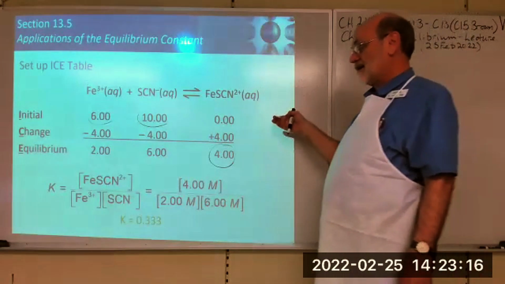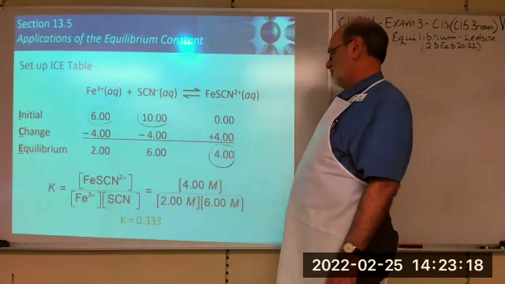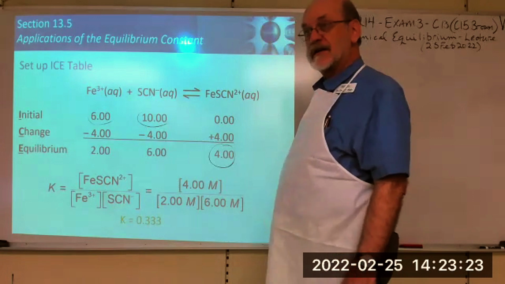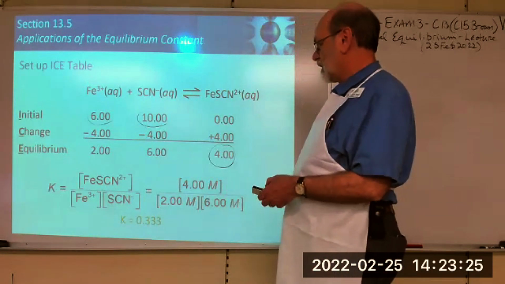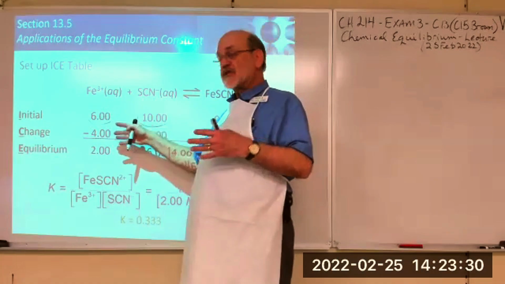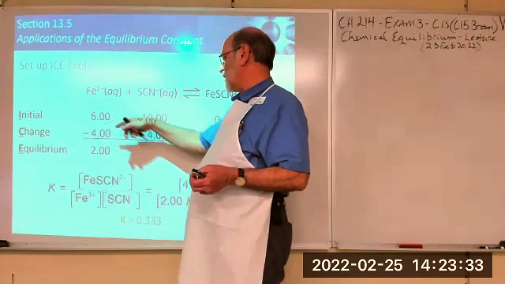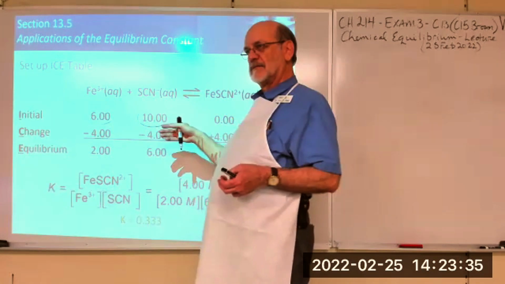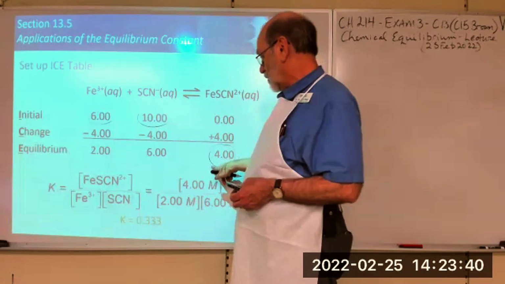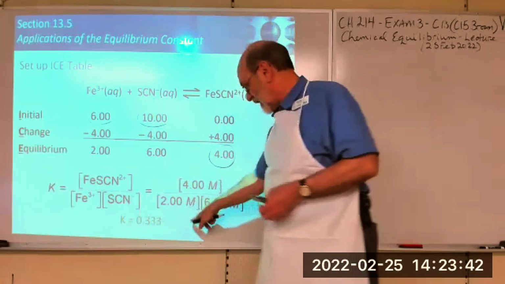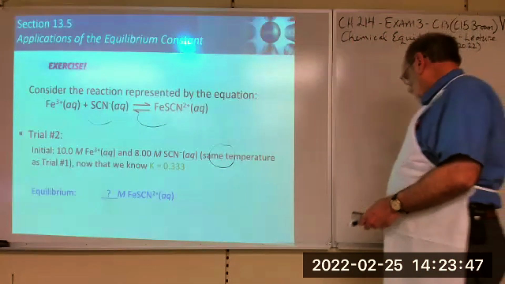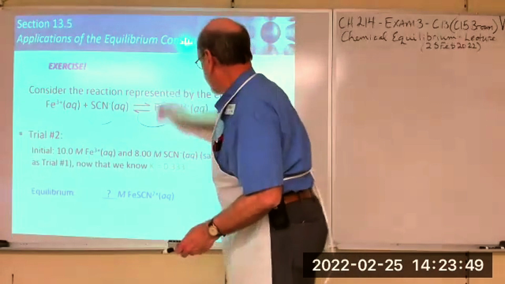Now that we know K, we can do so much more with it, right, under different conditions. If we want to actually calculate the concentration with a different starting position here, say we start off with 3 here and 5 there, and 0 here, then we can calculate what these values are because we know K. Okay, clean this up.